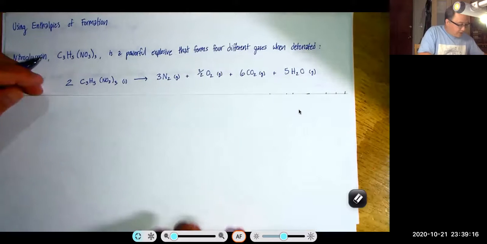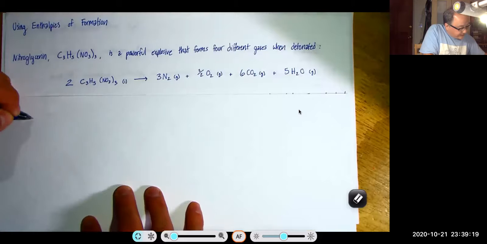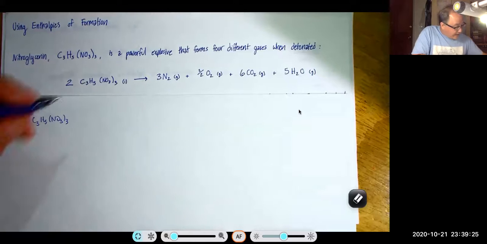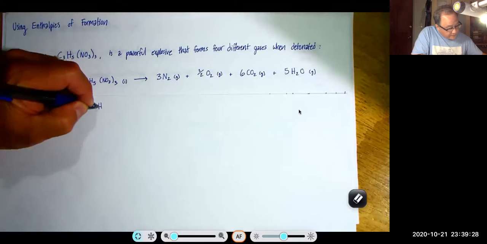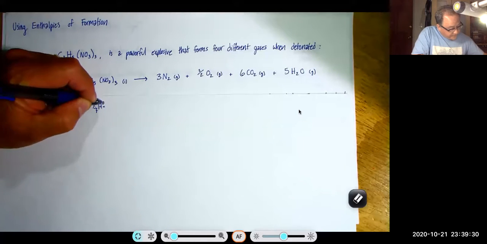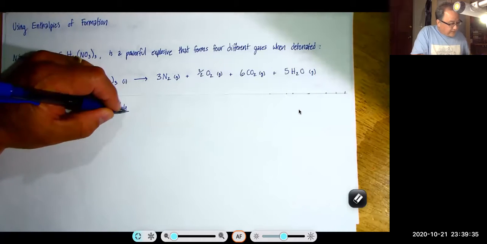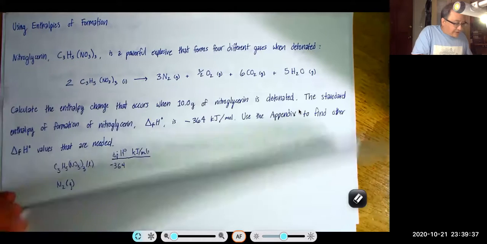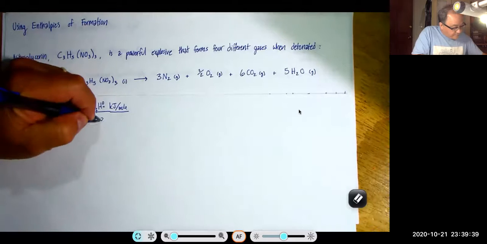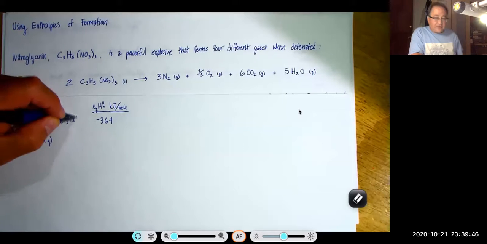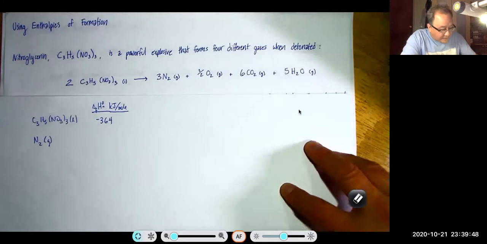So here we've got nitroglycerin, C3H5N3O9, and the standard enthalpy of formation in kilojoules per mole is given as minus 364. Now, what about N2 gas? What is the standard enthalpy of formation for that? Well, let's write out the reaction.